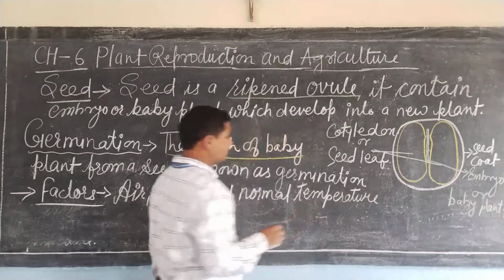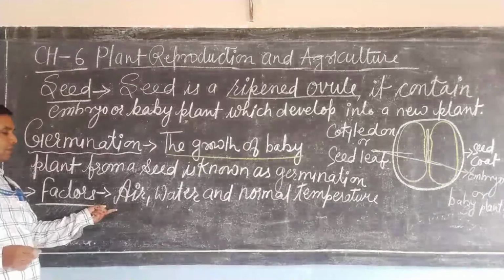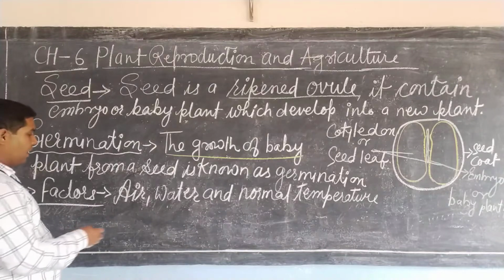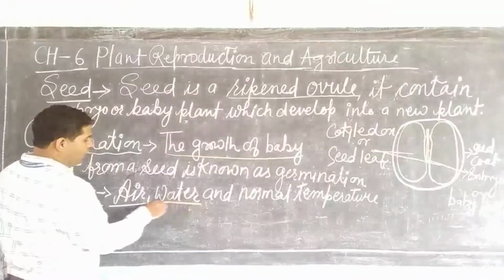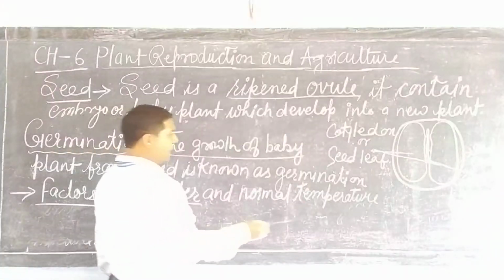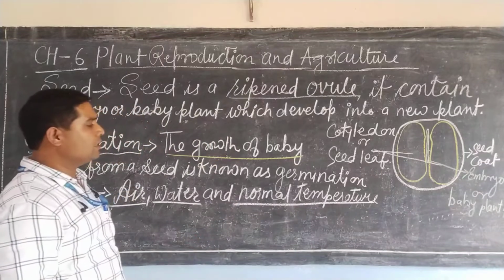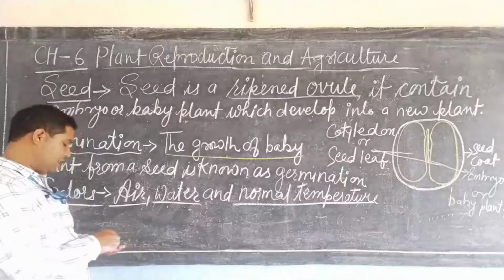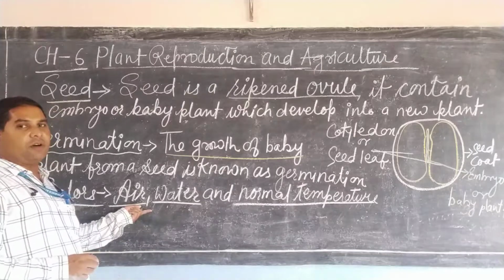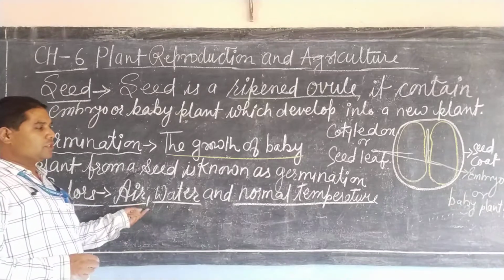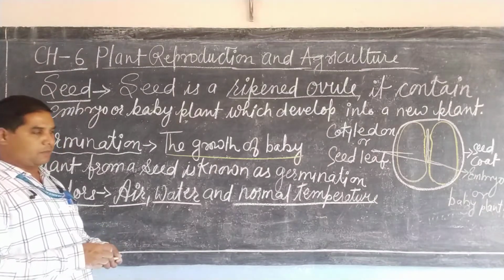So dear student, the factors responsible for germination of seed are air, water, and normal temperature. So these are the three main factors essential for the germination of seed. So let us understand germination with the diagram.